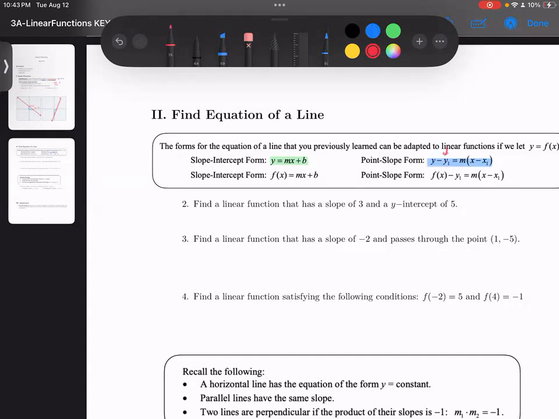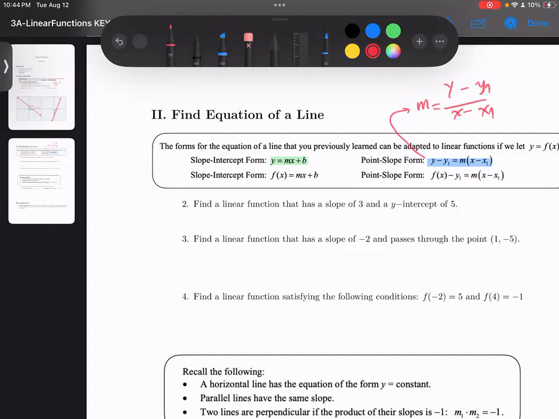Because of the points here: there's y1, x1, and y and x. So those are points. That's why they call it point-slope form. And if you notice, if I solve for m, I get m equals y minus y1 over x minus x1. That's rise over run.